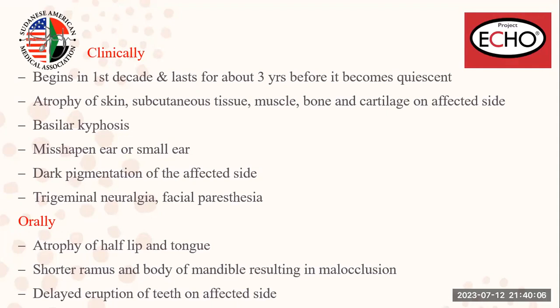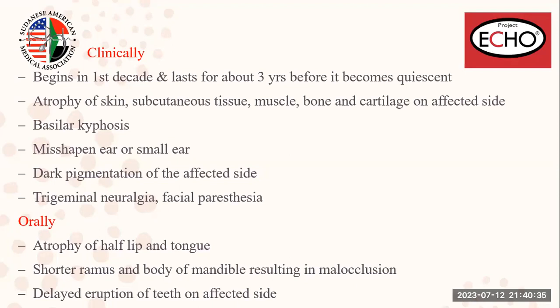We have basilar kyphosis, where parts of the bone will be affected, bones of the back, a misshapen ear or small ear on the affected side, dark pigmentation of the affected side, and trigeminal neuralgia and facial paresthesia. Of course, the nerves might also be affected, leading to this trigeminal neuralgia and facial paresthesia.